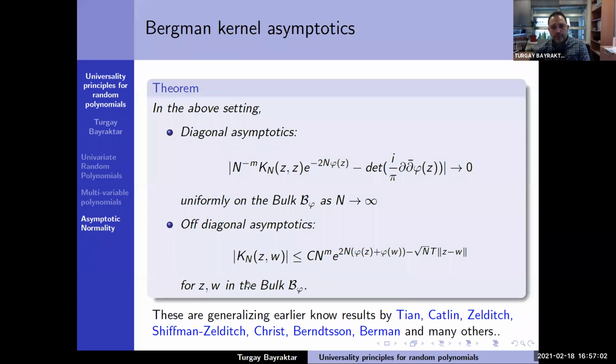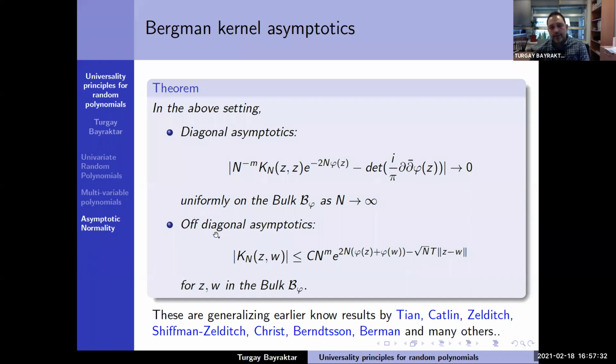This is the asymptotics you need, basically. This is the Bergman kernel: just like in dimension 1, in higher dimensions you define it the same way, but you have the weight phi. The diagonal asymptotics of the Bergman kernel behave like the Monge-Ampère measure of phi in the bulk, and this convergence is uniform in the bulk.